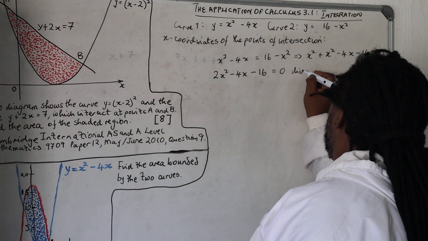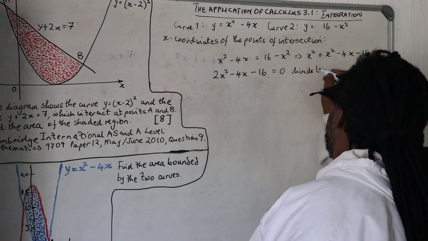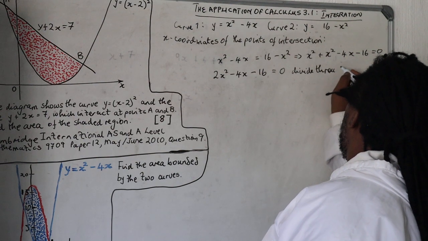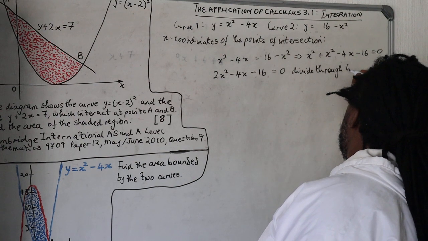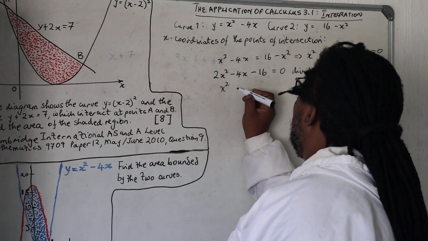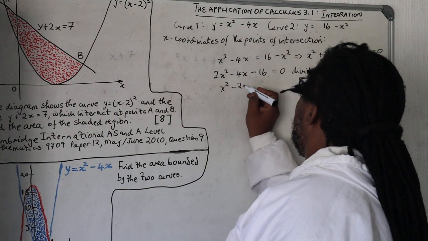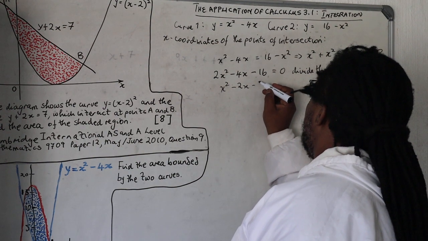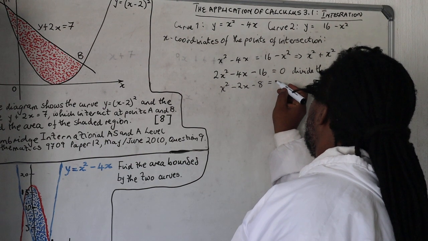And divide through by 2, we get x squared minus 2x minus 8 equals 0.